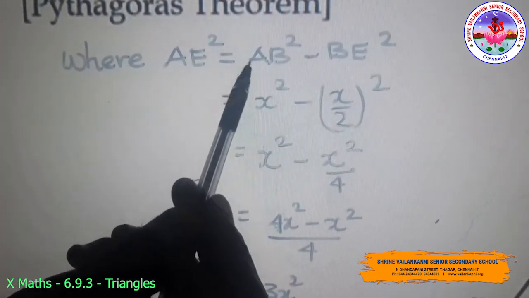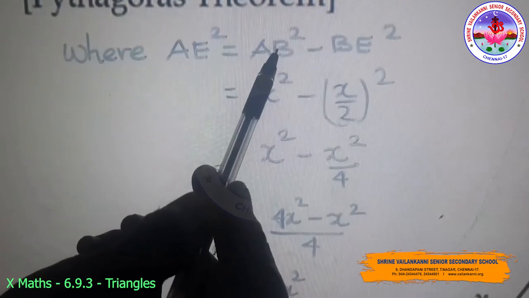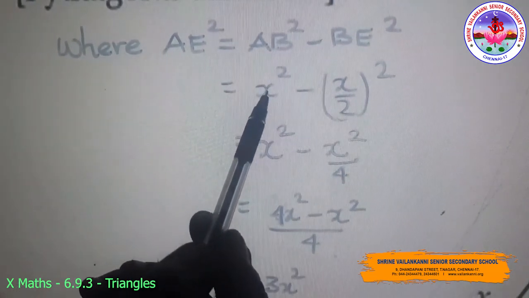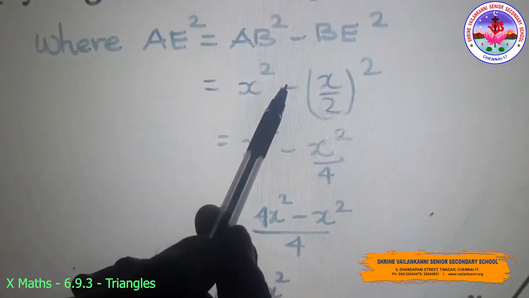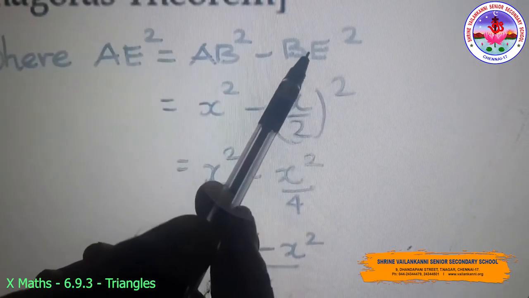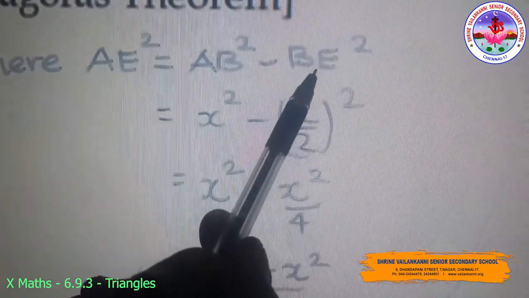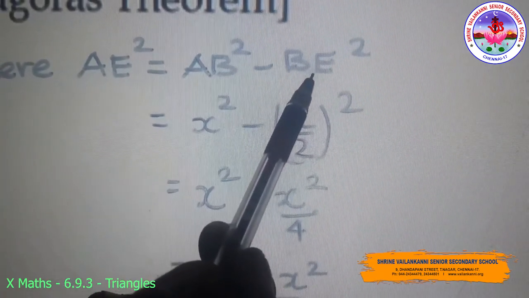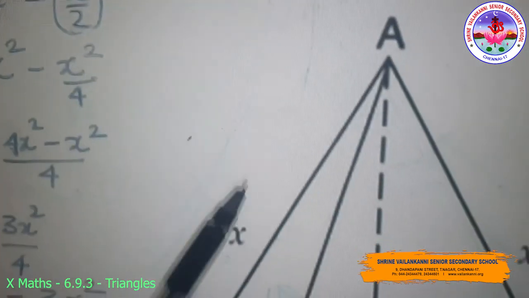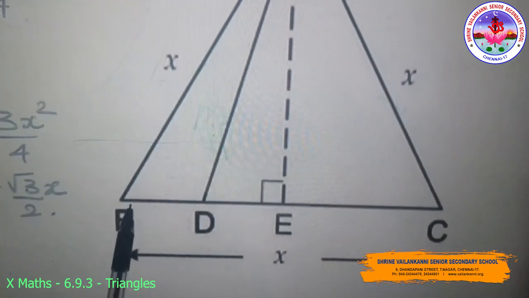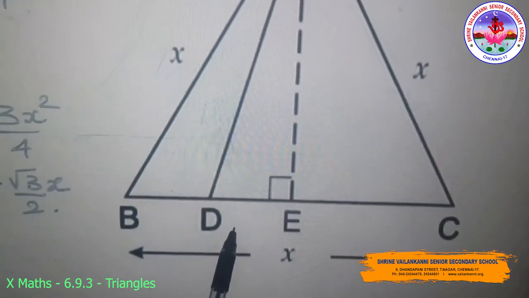AB is the side of the equilateral triangle, so we have taken it as X. I am writing it as X square minus BE square, where E is the midpoint of BC. I will show in the figure where E is the midpoint of BC, where BE is equal to X by 2.